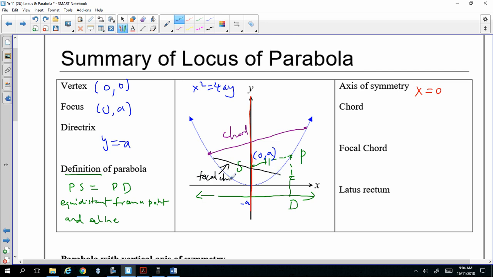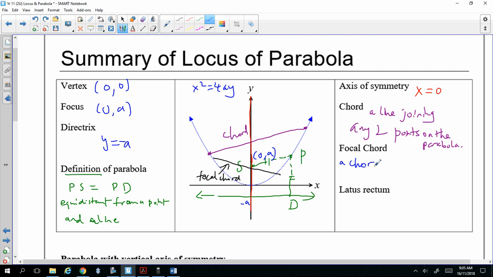So let's write down the definition. So what's a chord? A line joining any 2 points on the parabola. Right? That's what a chord is. A focal chord is simply a chord through the focus.